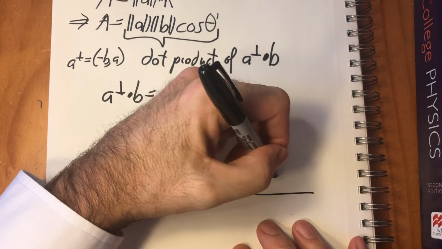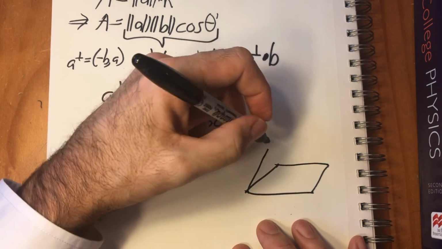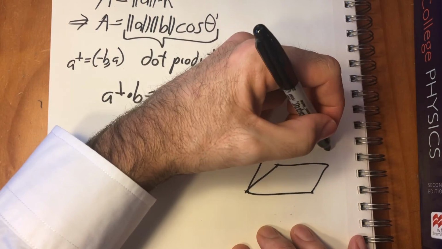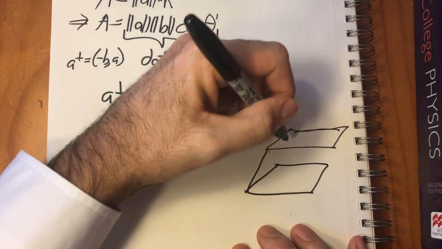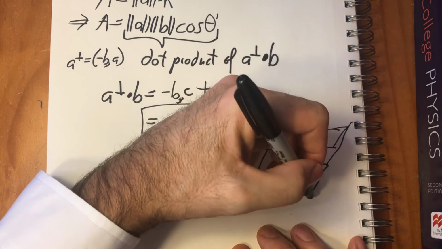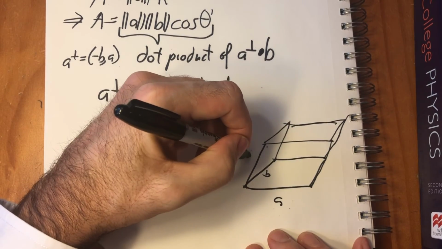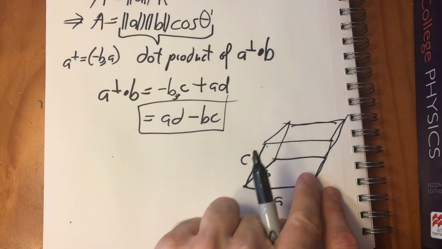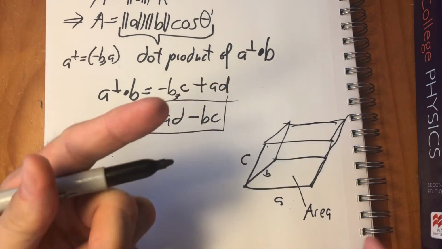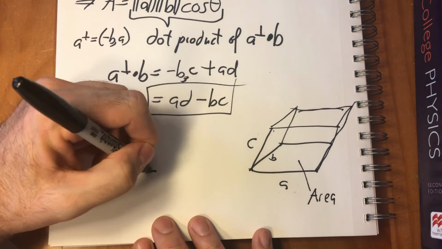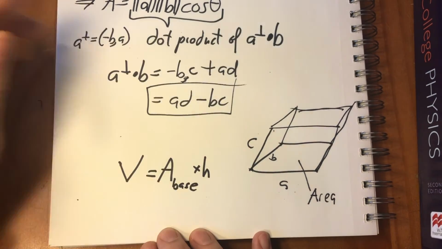So if you had a 3-dimensional parallelepiped that went, say, up like this, like that, and then here's A, B, and then this is C, then to find the volume of this, you take the area of the base times the height, once again.